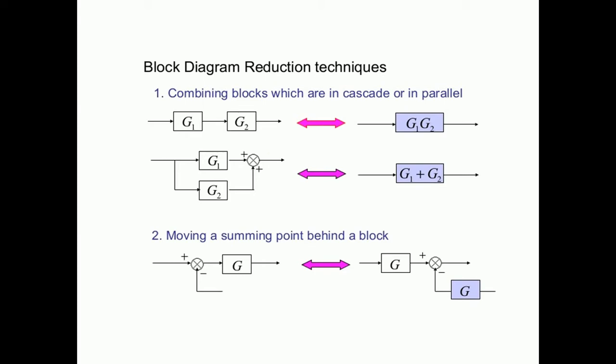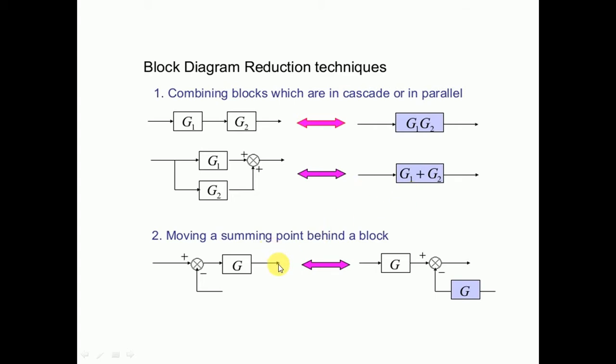If you take x common, you can write that as x times (g1 plus g2). Now if I simply write the same, giving x as input, the output is x into (g1 plus g2). So in both cases the output is the same. You can simply represent this parallel block directly as the sum of two gains, or the sum of two functions.